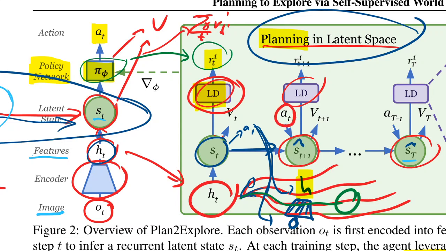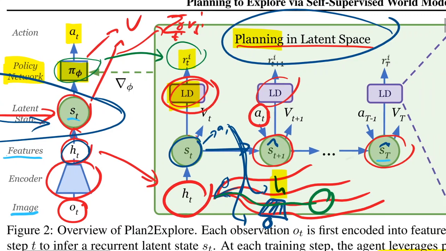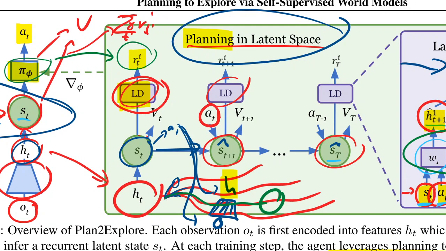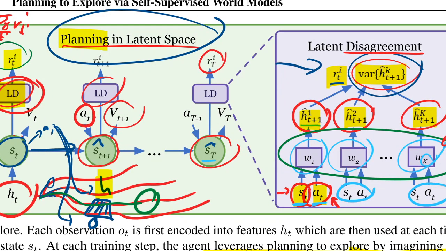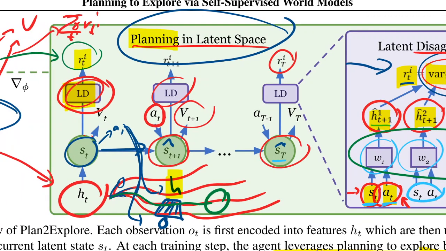You can't plan in imagination space, and in imagination space use planning again. It's just an infinite recursion. At some point you need a model that tells you what to do, and in imagination they just use an actor-critic model. You see they have a value function here. They just use an actor-critic model to basically one-shot predict the next best action to get you to the next step.